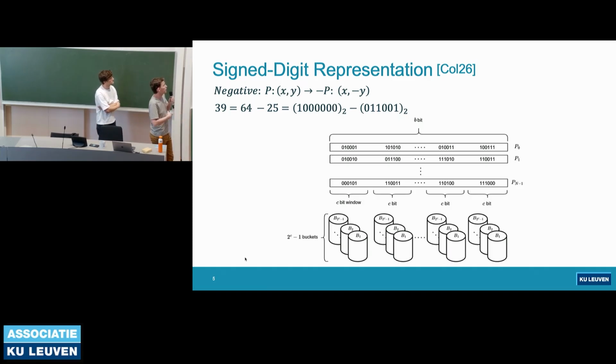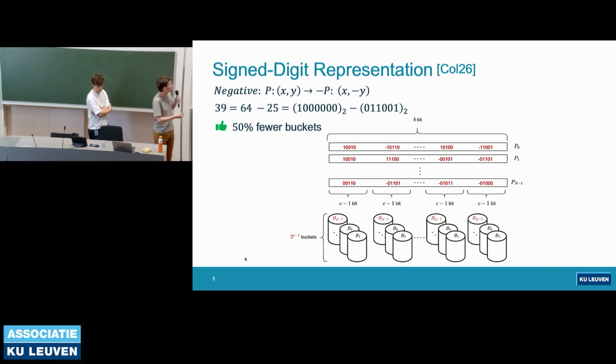We will have fewer buckets in every window, because if we have a most significant digit of 1, we can reinterpret, for example here, 39 as 64 minus 25. The 64 we can add as a 1 into the next window, and the minus 25 is our new subscalar. So instead of adding point P0 into bucket number 39, we will now add minus P0, the negative of P0, into bucket number 25.